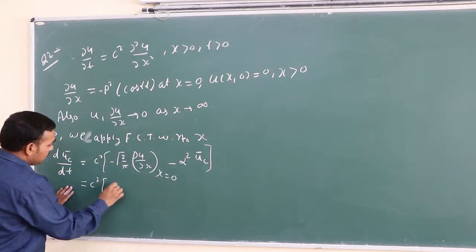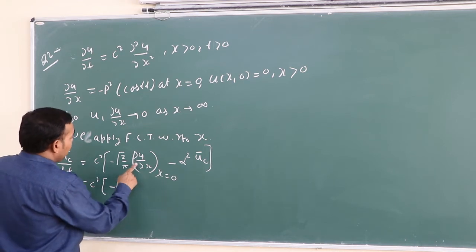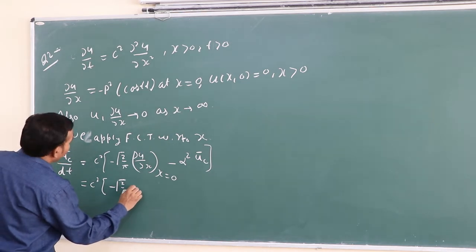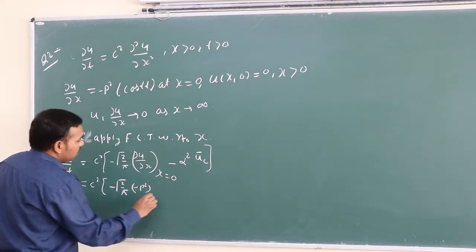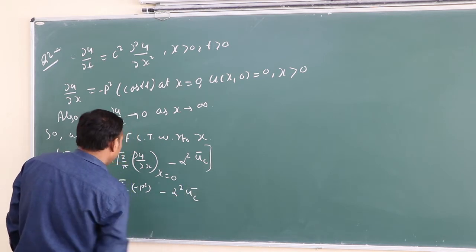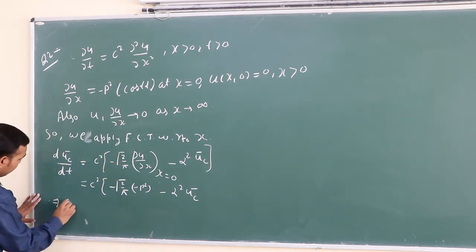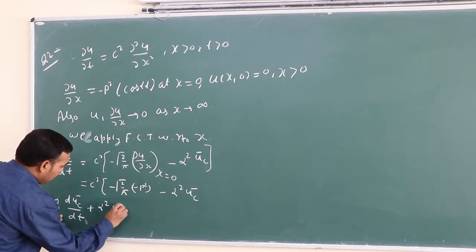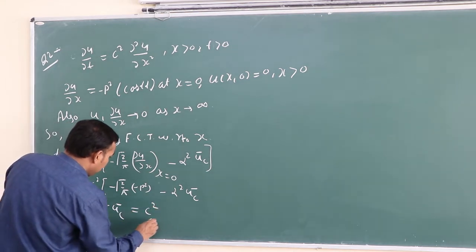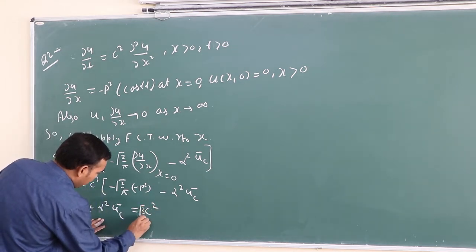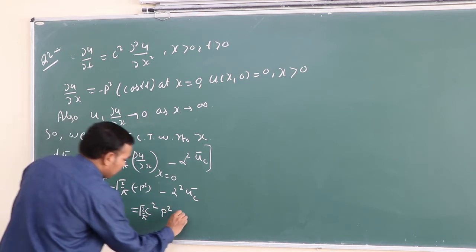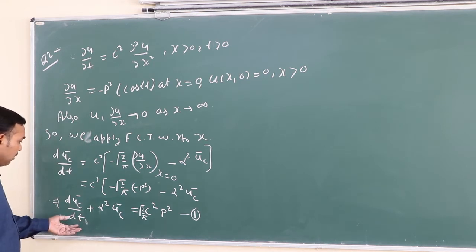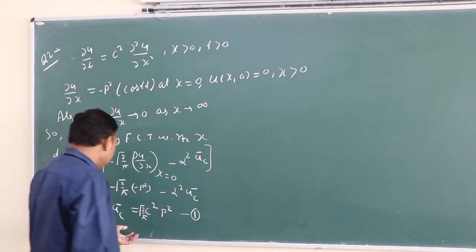This can be written as minus under root 2 upon pi p square minus alpha square u_c bar. So this can be written as the equation del u_c bar upon del t plus alpha square c square u_c bar equal to under root 2 upon pi c square p square. Say this is 1.